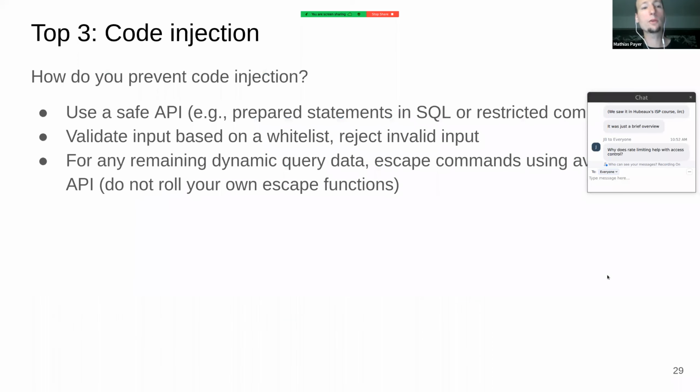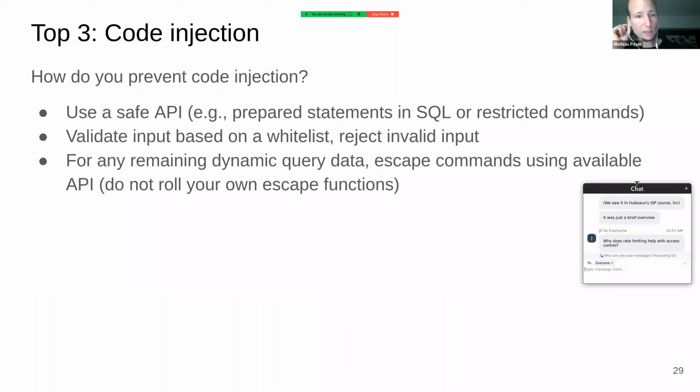So how do we prevent code injection? Well, we can use a safe API, as in the prepared statements in SQL, or restricted commands for shell commands. We can validate inputs based on an allow list. We can reject invalid inputs.